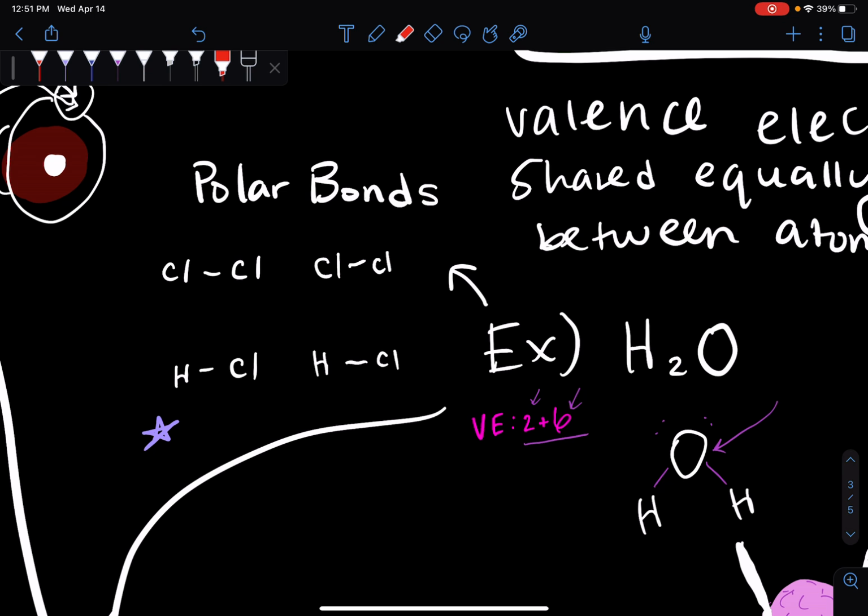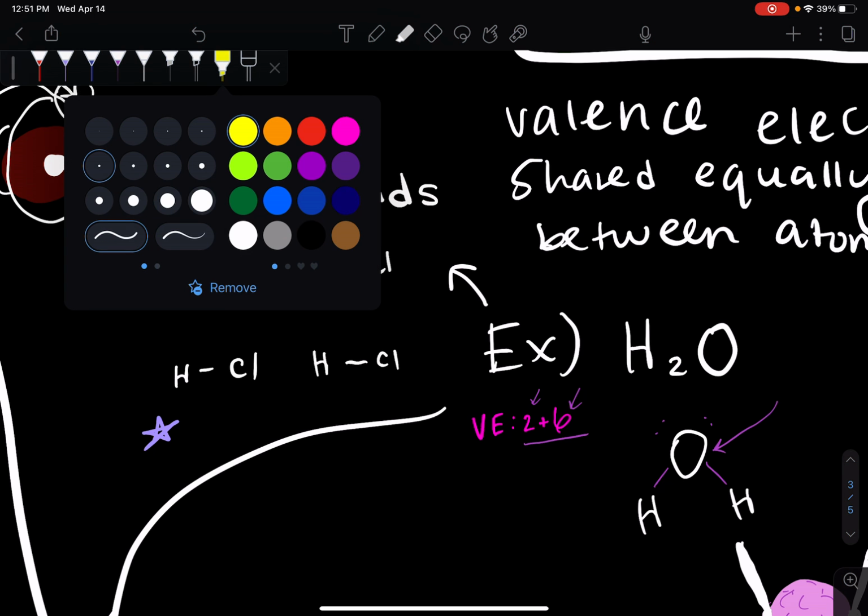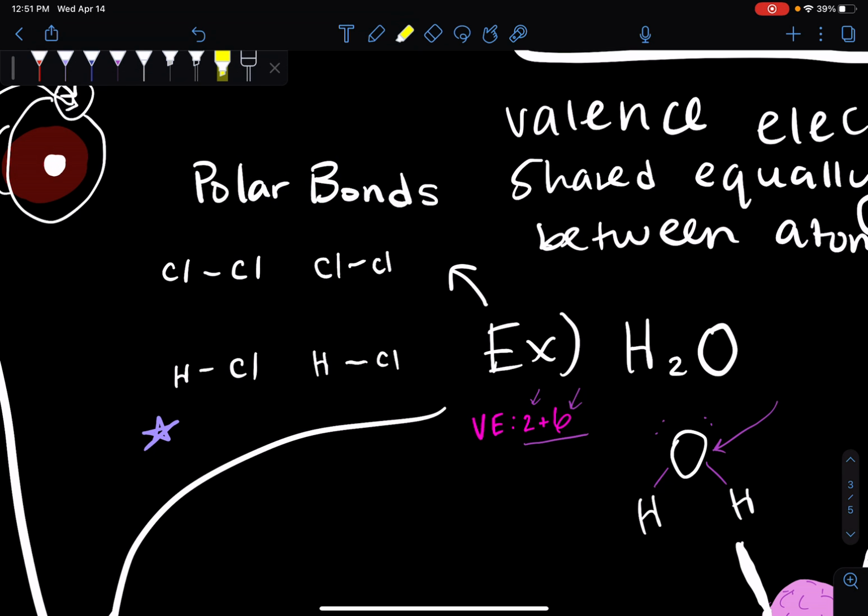let me pick a different color. These two Cl, this bond right here, is going to share their electrons equally because they have the same amount of pull.